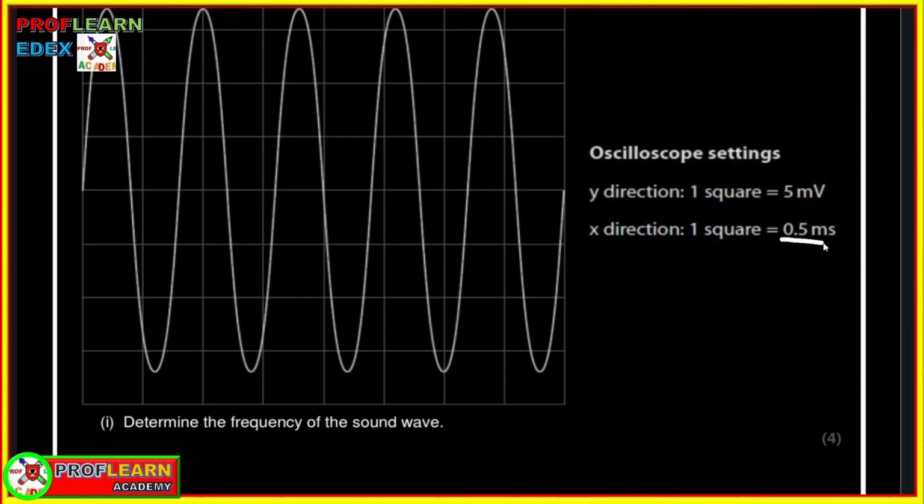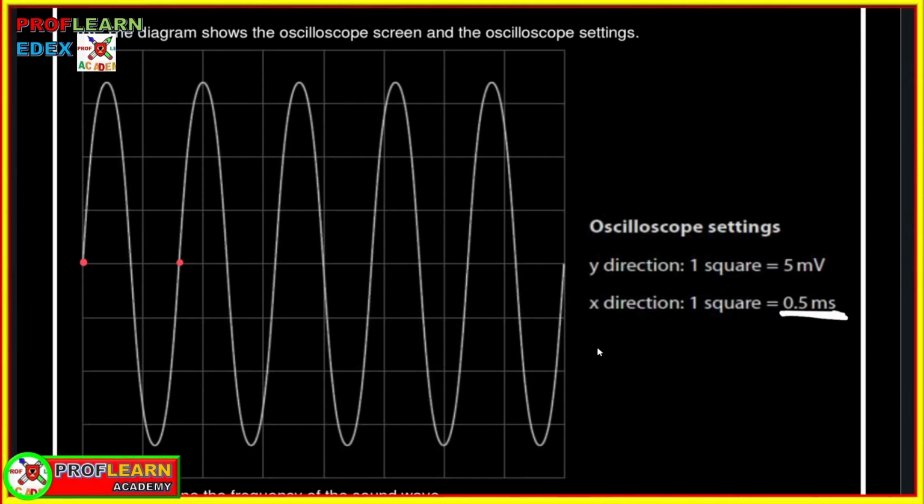So if we are working out the frequency, we need to know the period. What is the period? A period is the time taken for a wave to make one complete cycle or oscillation, and that is actually going to be from there to that point. So the period here we can see is actually equivalent to about 1.6 squares.